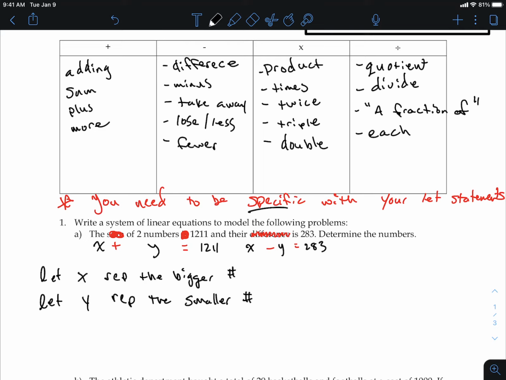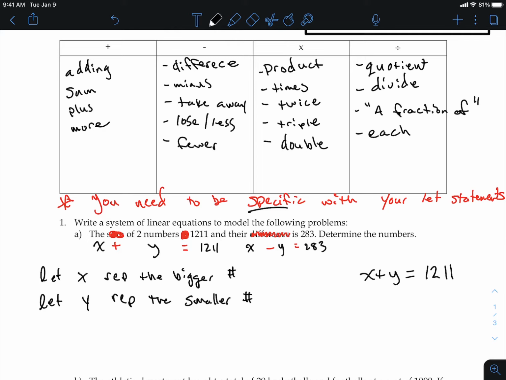You see what I did? I went back and said, on either side of the operation, I should probably have a variable. It's telling me the sum of two numbers, so x plus y has to equal 1,211. So that's one of your equations: x plus y is equal to 1,211.